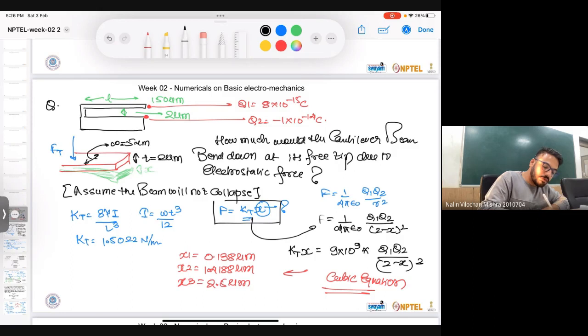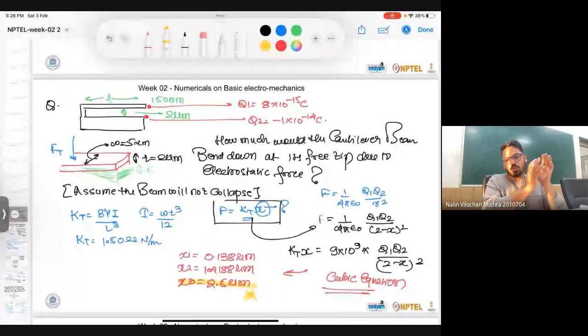Here we can easily neglect this value. Why we can neglect it? Because the original separation was 2, and we can't have a deflection more than the value of separation.